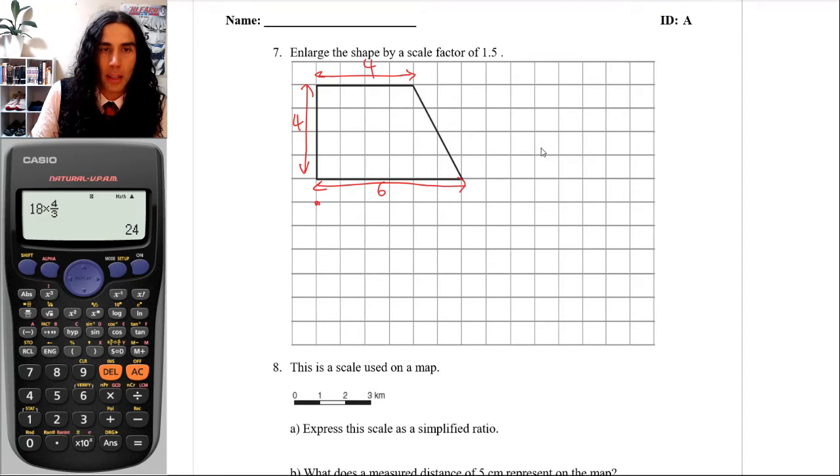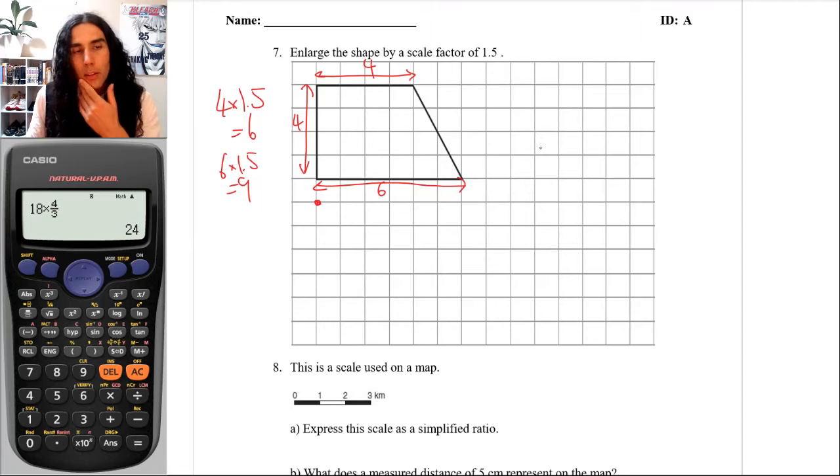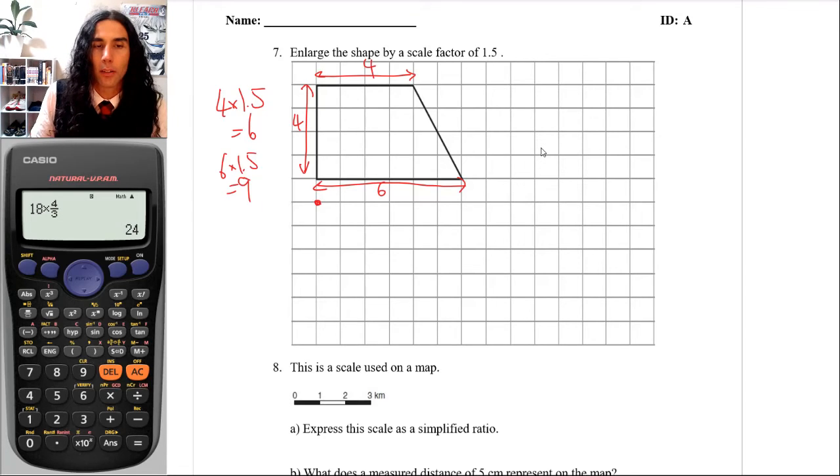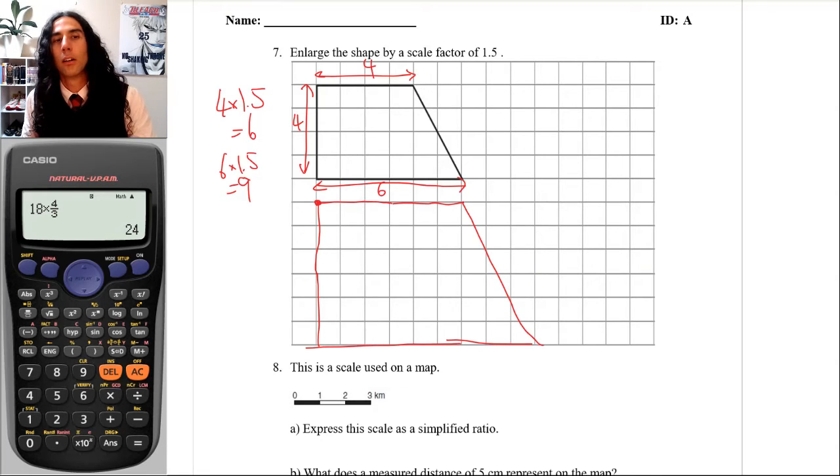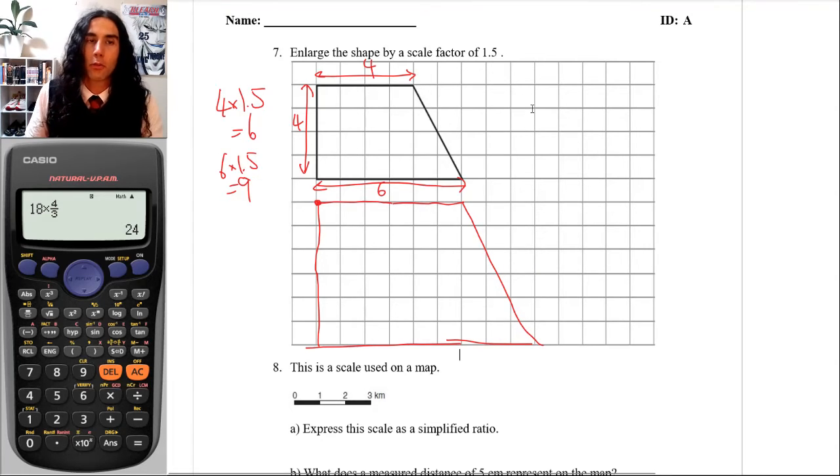So if I start from here, scale factor, 4 times 1.5 equals 6. 6 times 1.5 equals 9, because it's 1 lot of 6 plus half of 6 is 3. 6 plus 3, 9. So 1, 2, 3, 4, 5, 6. 1, 2, 3, 4, 5, 6. And then this one, that's our 6, but we need another 3. And then we join them up. Done. Use a ruler. I can't get full marks without a ruler.